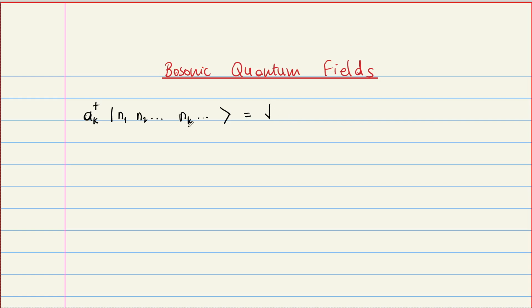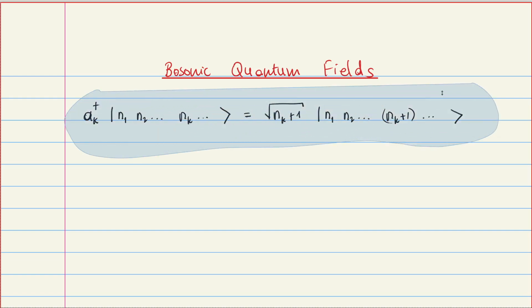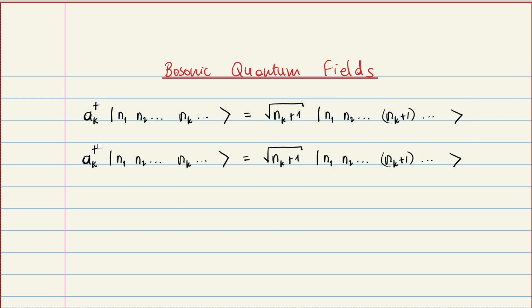It takes n_k and increases it, with a square root of n_k plus 1. This is exactly like the single particle harmonic oscillator, but with additional slots for additional A's and A daggers. The other one acts similarly: you go to k and decrease n_k by 1.